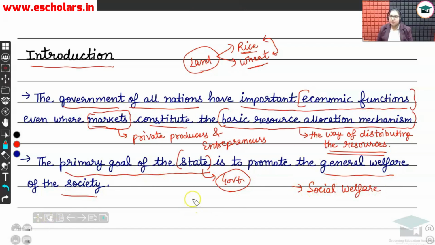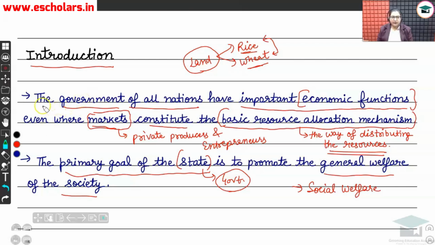That is the aim of the government, is to do the welfare, or you can say benefit of the people living in the society. Okay. For that, government opens the government schools, government hospitals in order to provide the educational services and medical services to the people living in the society, right?